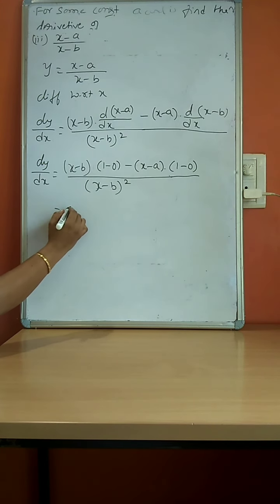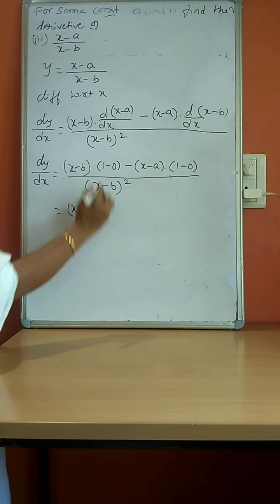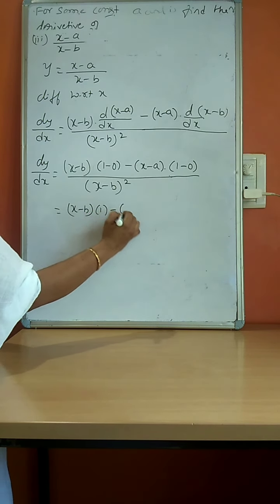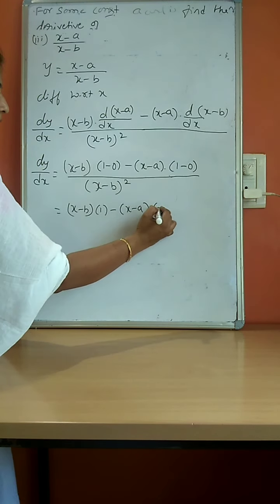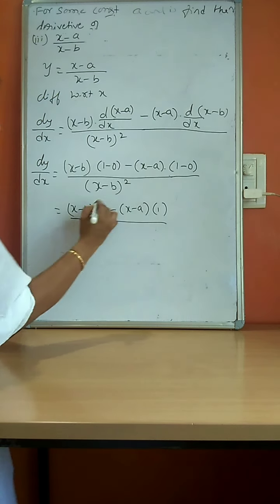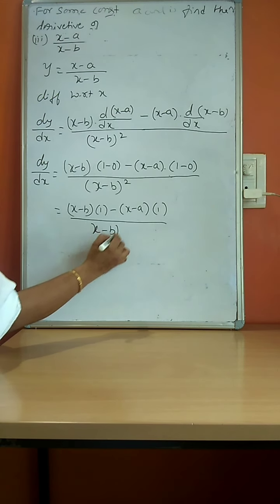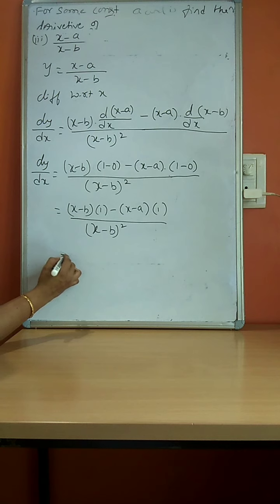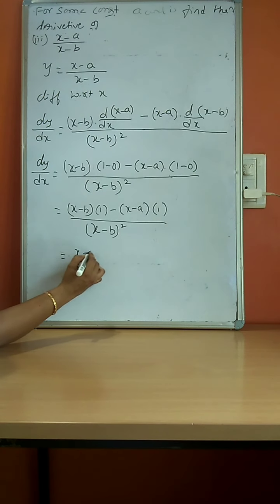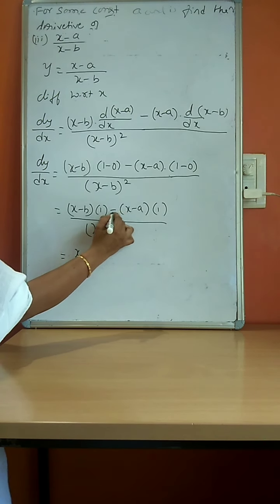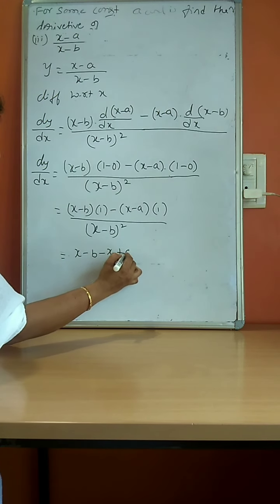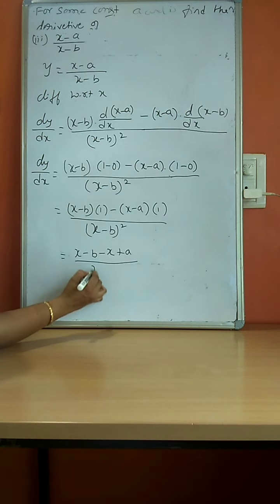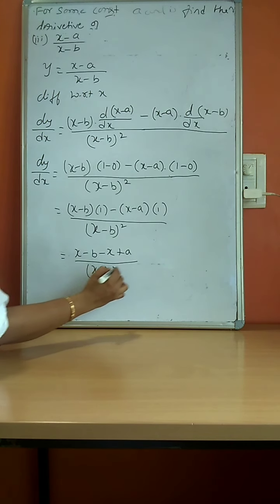This is equal to x minus b into 1 minus 0 is 1, minus x minus a into 1 minus 0 is 1, whole thing divided by x minus b whole square. Simplify: x minus b plus, minus into plus minus, x minus into minus plus a, whole thing divided by x minus b whole square.